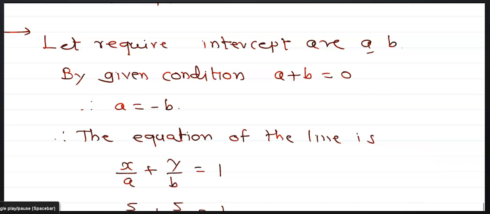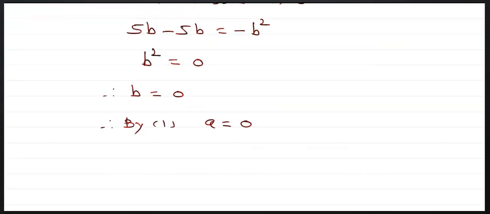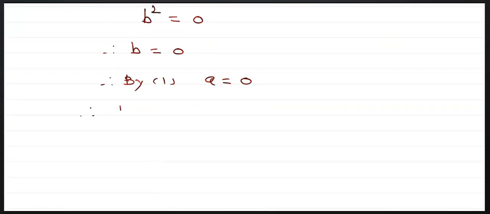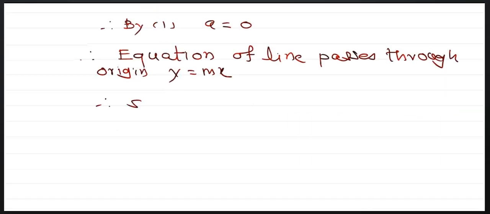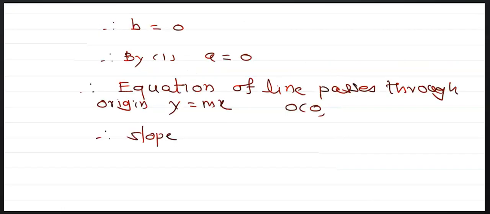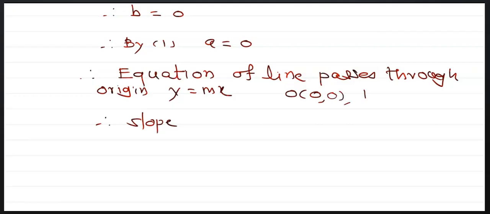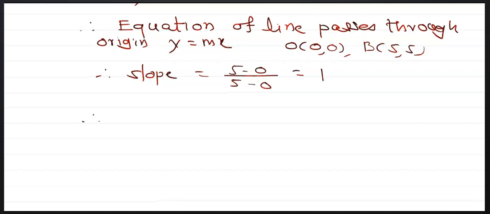Now we'll see again. The same type of problem is repeated here. The equation of the line passes through the origin. y equals mx, and O is the origin and B is (5, 5). We will find out the slope of the line.